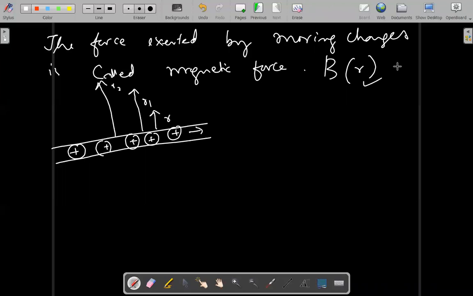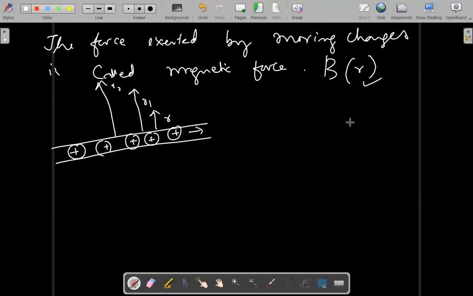And this force is called a magnetic force, and it is also a vector, like the electric force. So it is also a vector field. It has several basic properties very similar to the electric field. So the electric field undergoes the superposition principle, and the magnetic field also does.